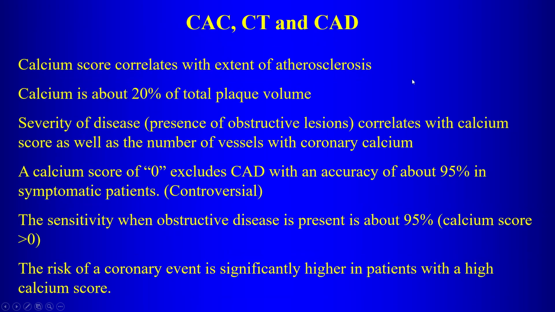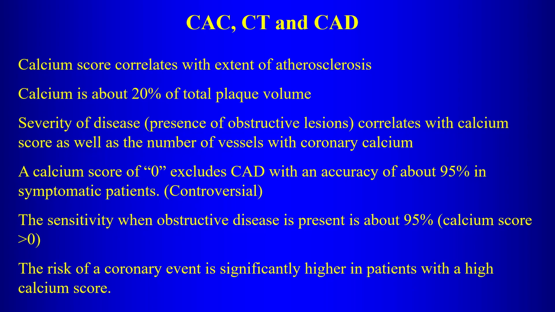So let's talk a little bit about the calcium score itself, and a lot of this makes sense. The calcium score does correlate with the extent of atherosclerosis, but the calcium is only about 20% of the total plaque volume. The rest of the plaque is not calcified.